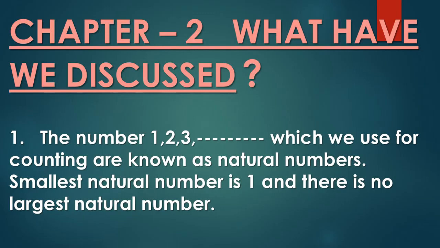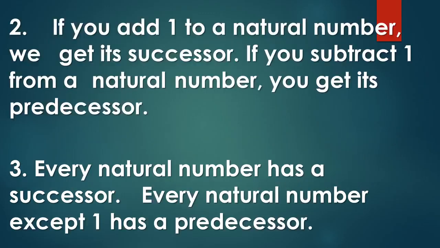The second point is, if we add 1 to a natural number, we get its successor. And when we subtract 1 from a natural number, we get its predecessor. So, what is a successor?